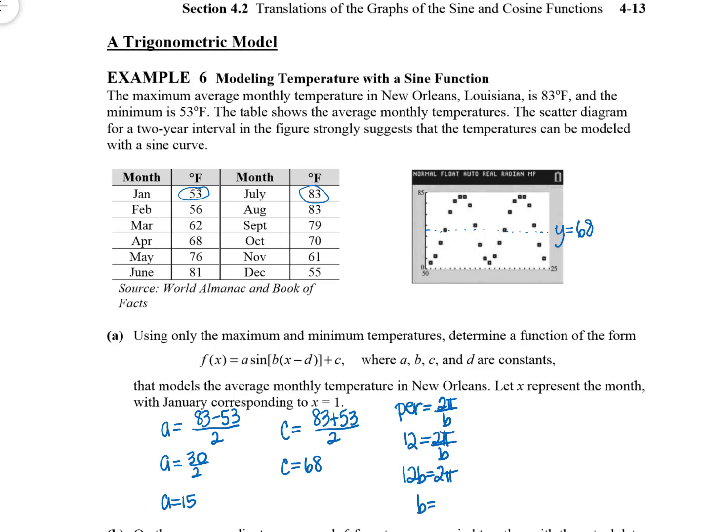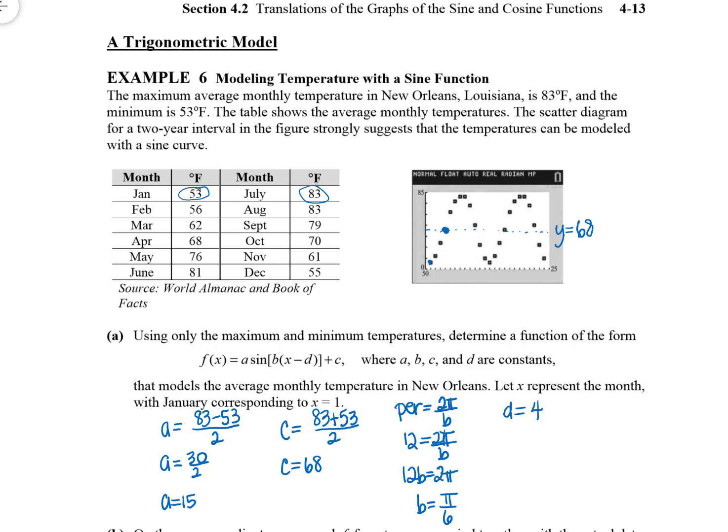So then we have 2 pi over 12, which reduces to pi over 6. Do you remember how the sine function starts at the middle, and that would be at this point here? And that looks like it's the 4th point. If we start the sine function at that 4th point, then we'd have to let d be equal to 4.